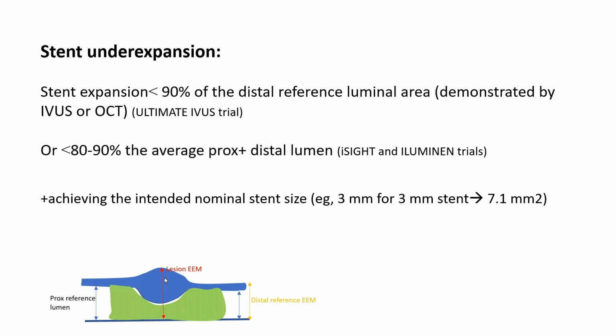But do not use the lesion external elastic membrane. This reference external elastic membrane has been used in the ISAR-DESIRE trial: distal reference external elastic membrane minus 0.5 millimeter. In the ULTIMATE trial, they allowed an option of 80% distal reference external elastic membrane. But my preference is to use the proximal and distal reference lumens.